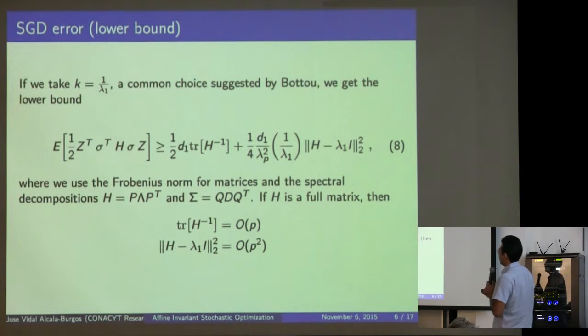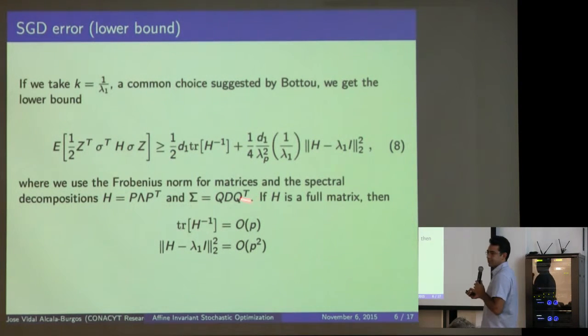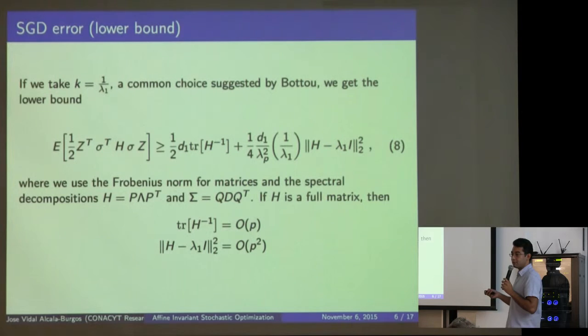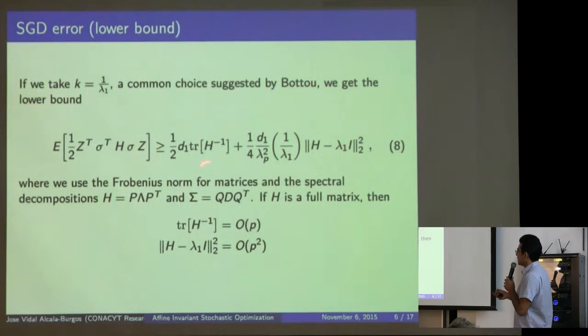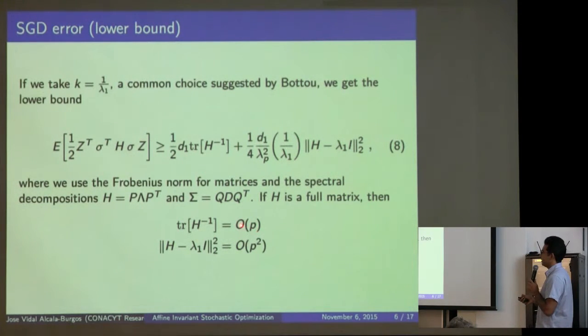So what happens when H, the Hessian of our function, is actually a full matrix? The first term that is always there is of the size of P, the number of parameters that we have. The trace of a matrix is just the sum of the eigenvalues, so this is order P. But the second term that has the Frobenius norm is order P squared, because if we subtract the diagonal, the terms that are outside the diagonal are P squared.